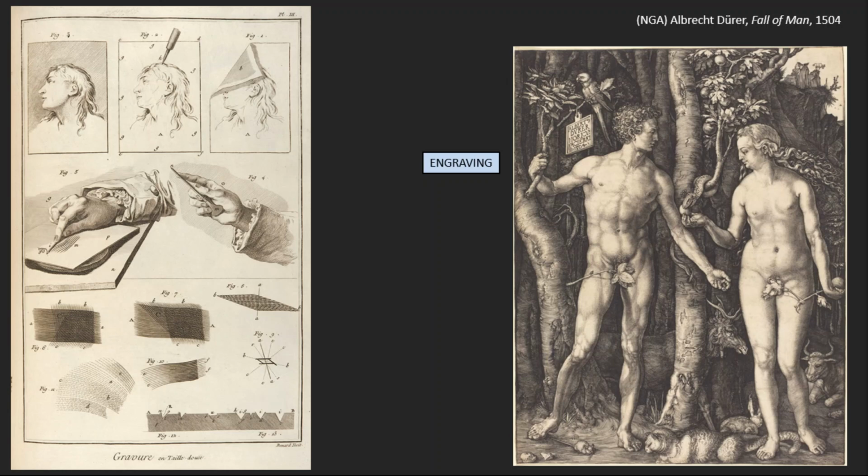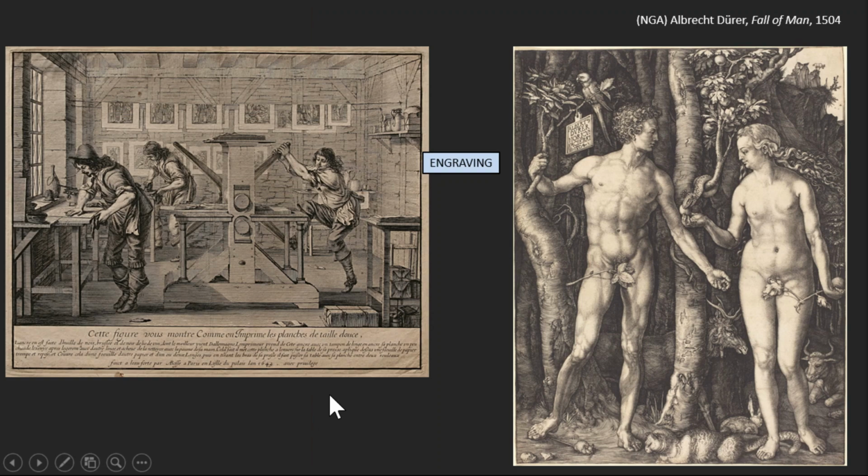You then would take this plate and you would wipe it with ink and polish it off. So you imagine this entire surface covered with ink. And when it's polished, the ink would stay down inside the grooves that you've cut, but be polished off the top of it. You then put it into a printing press under great pressure, and you put a piece of paper on top of it, and you crank it through the press, and out comes an impression on paper.